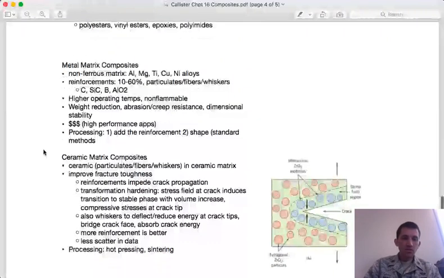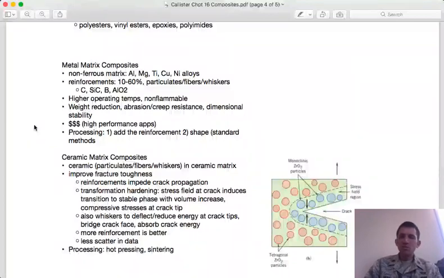And so using a metal matrix composite can give you a measure of weight reduction or abrasion resistance, right? You can have hard particles to keep it from being abraded, and dimensional stability. So you would have less of thermal changes.